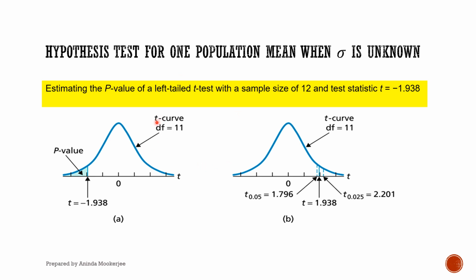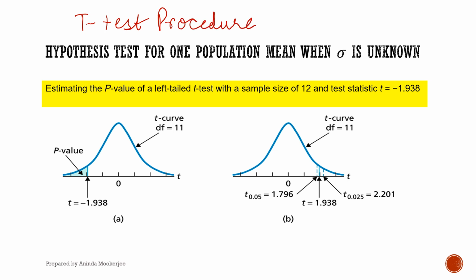We will have to use what's called the T distribution and the T curve. So the hypothesis test when sigma is unknown is called the t-test procedure.